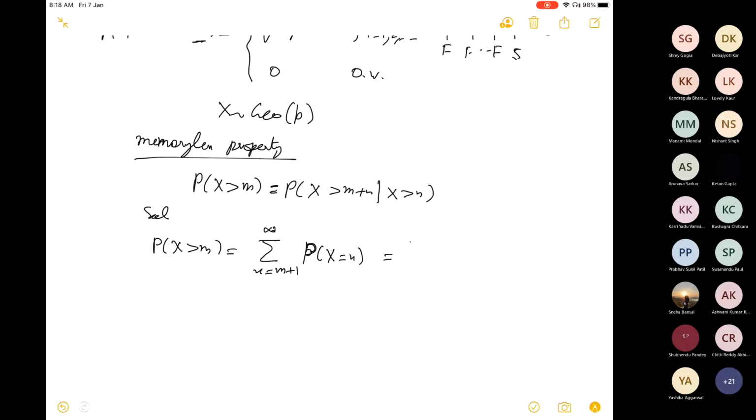Because this is a geometric distribution, we will have summation x equal to m plus 1 to infinity of p q raised to power x minus 1.